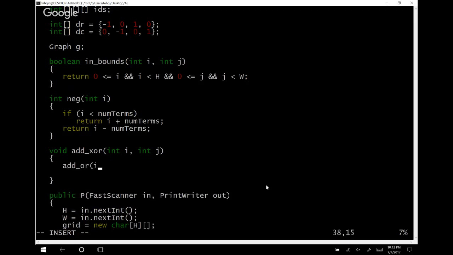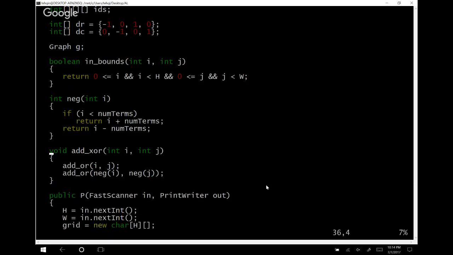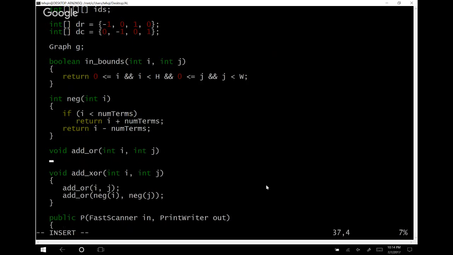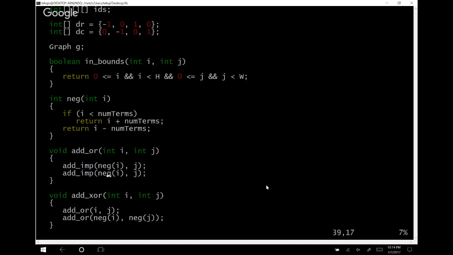I'll make an add or, so I'll do something like this. That's going to be my add or. So then I'll make an add or function. Remember, I have to add both rules for my 2-SAT solver to work.